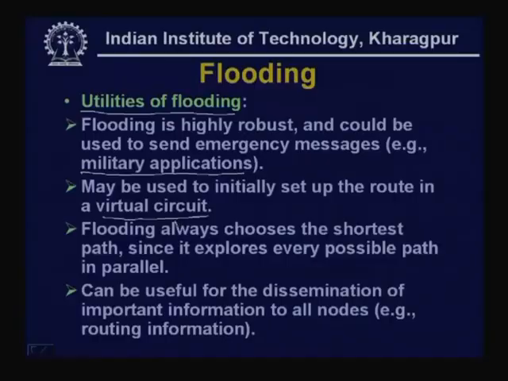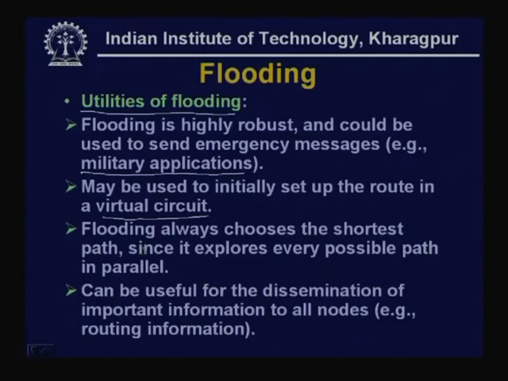So, by flooding, whenever the destination node receives the first packet, with minimum delay, it sends an acknowledgement with information about the route through which the packet has gone, and that can be used to set up the virtual circuit. Then subsequently all other packets can be sent through the same route.